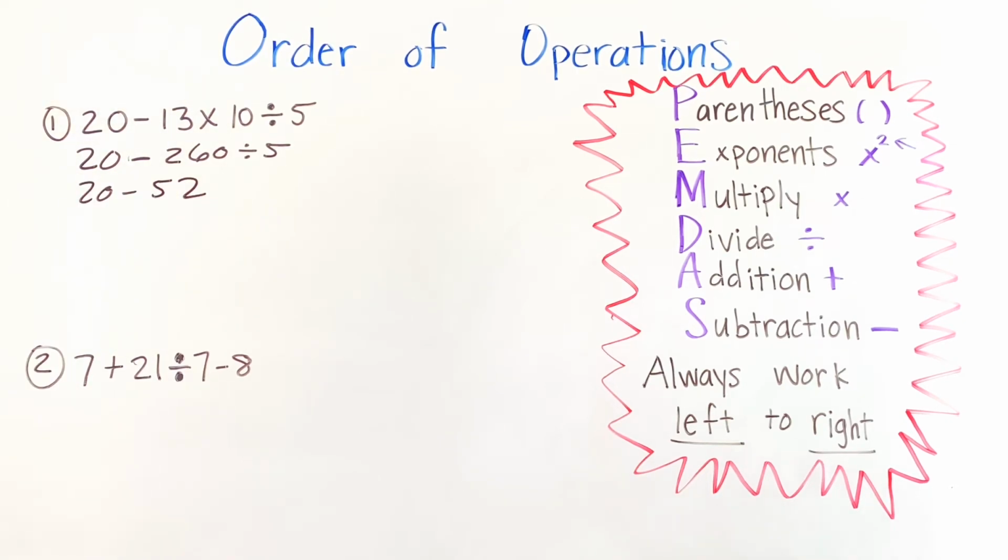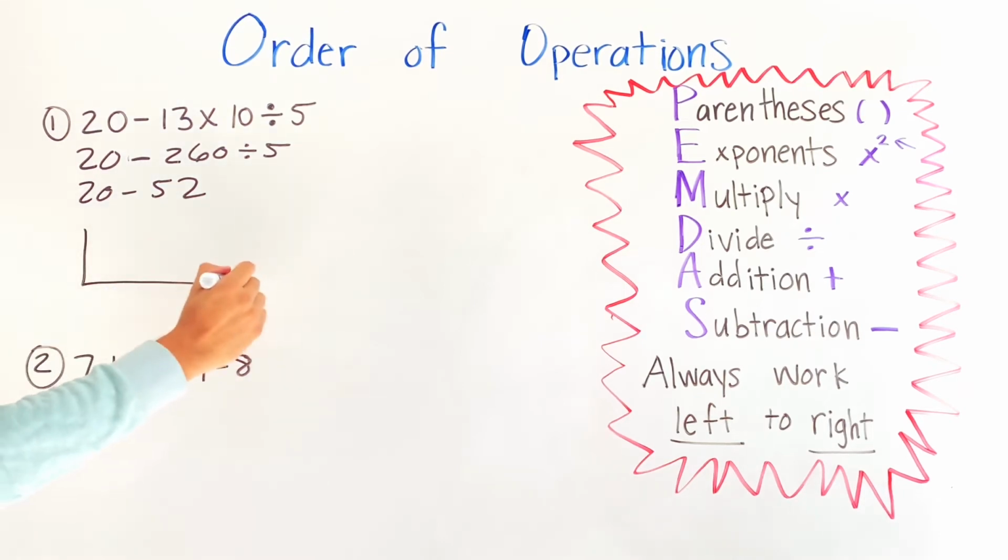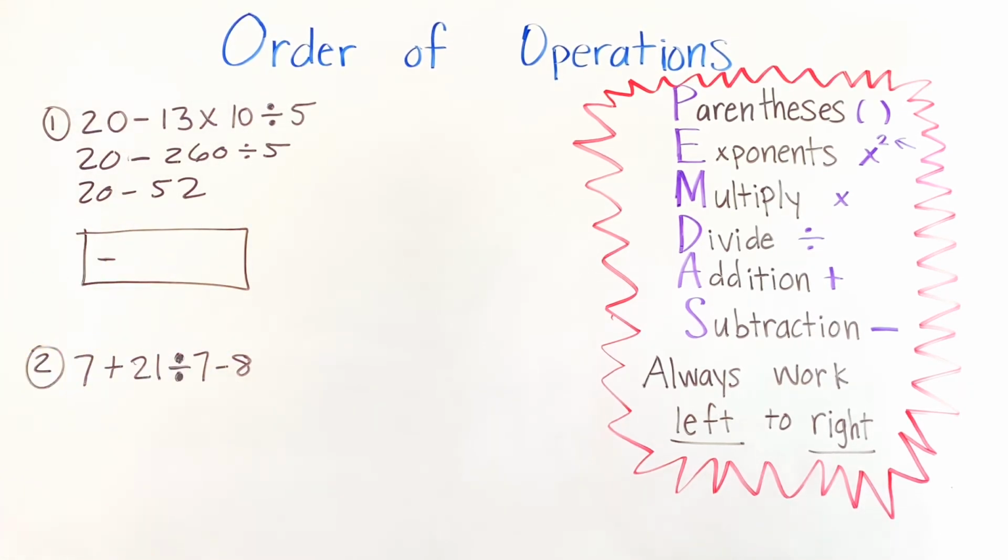Now 20 minus 52, you know that this number is already bigger than this, so you know your answer is going to be a negative. Then we're going to just go ahead and subtract 20 from 52, and it's going to be negative 32.